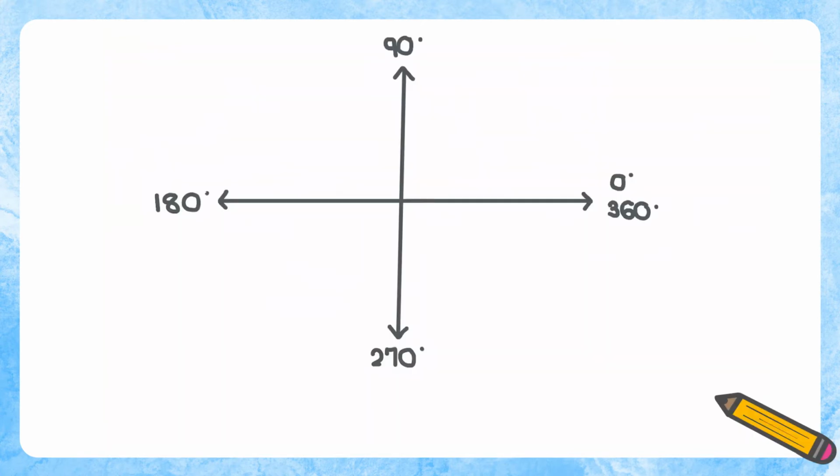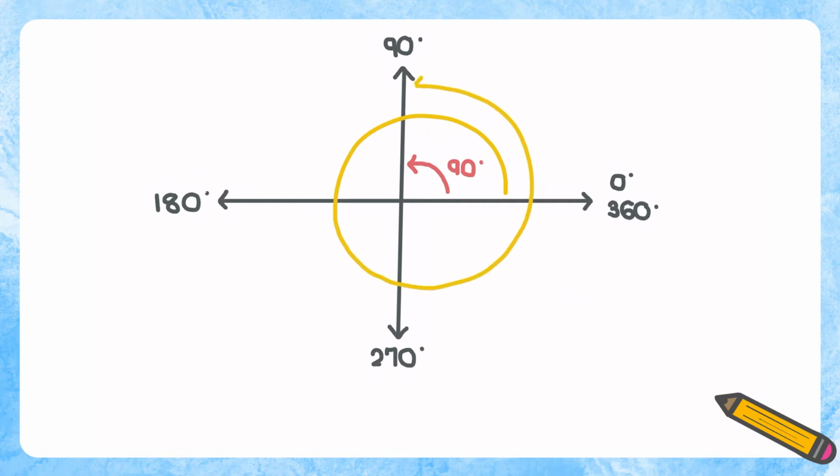So let's look at an example here. Let's say I go 90 degrees. So I start from my initial side and move 90 degrees. Let's say I do a full circle plus an extra 90 degrees. So in this case, I did a full circle, so 360 degrees, plus the additional 90 degrees. 360 plus 90 is 450, so 450 degrees.